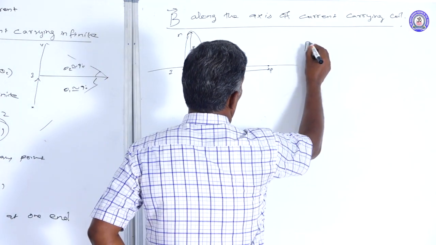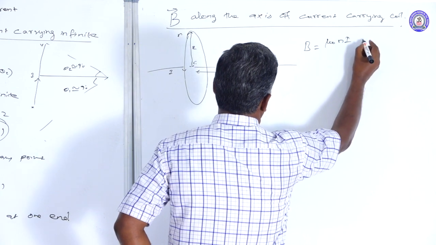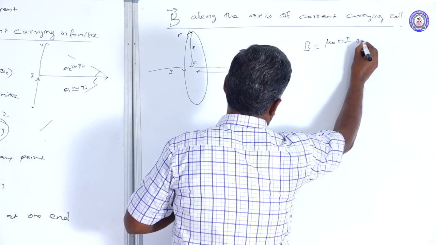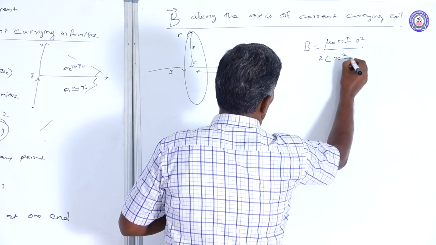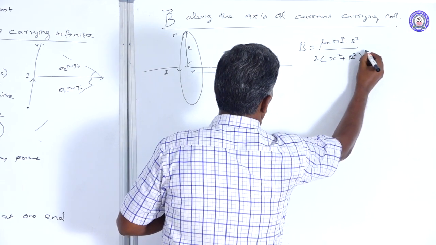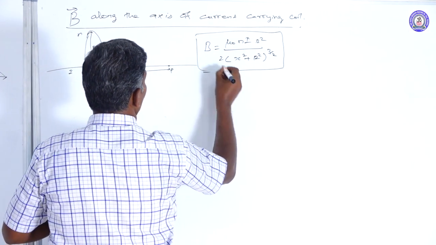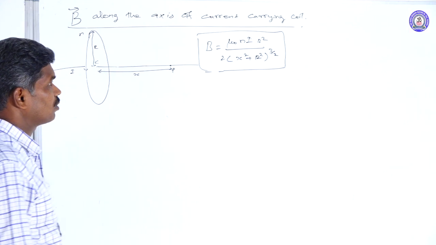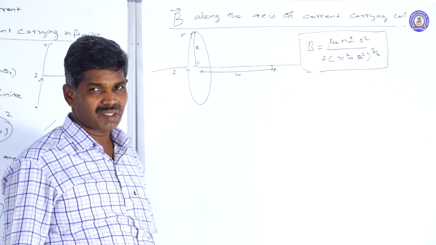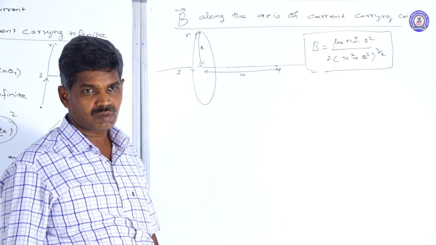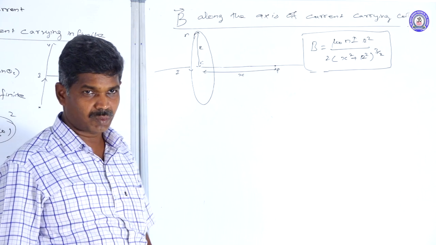We have the formula B is equal to mu naught N I r square divided by 2 into x square plus r square power 3 by 2, along the axis of a circular coil at a certain x distance point.